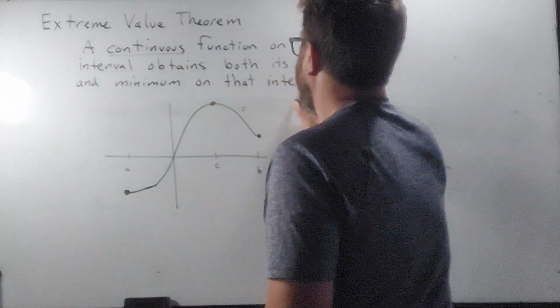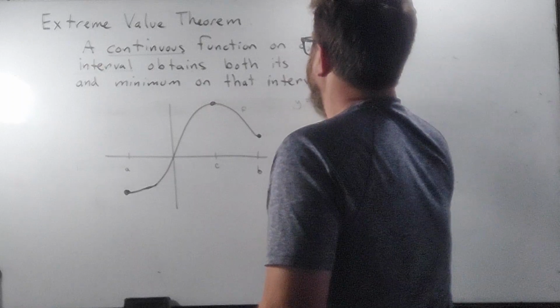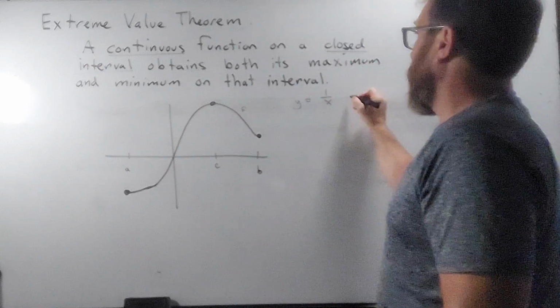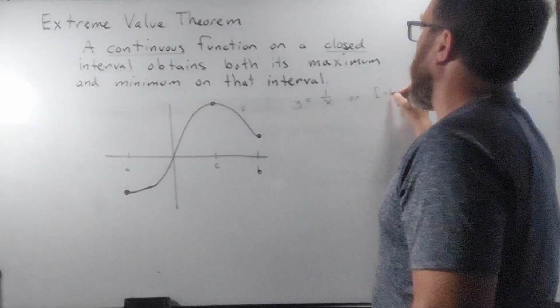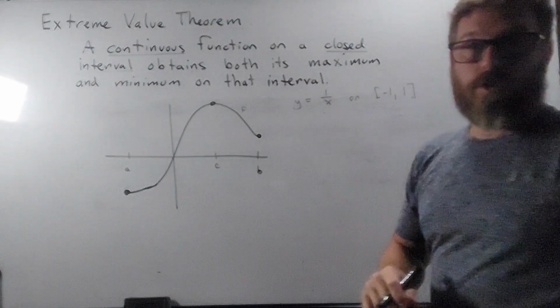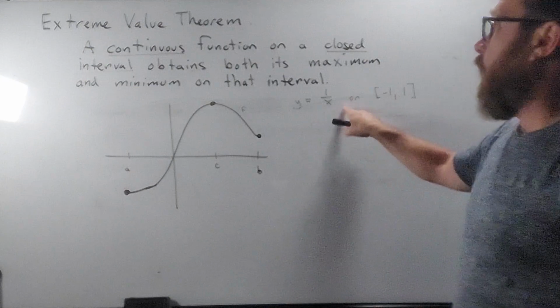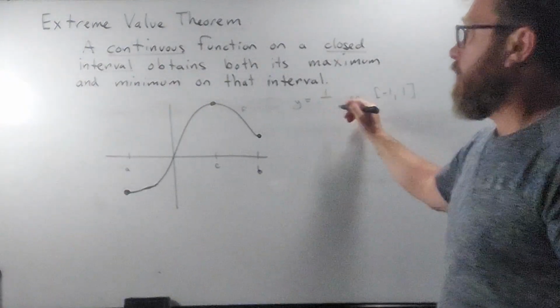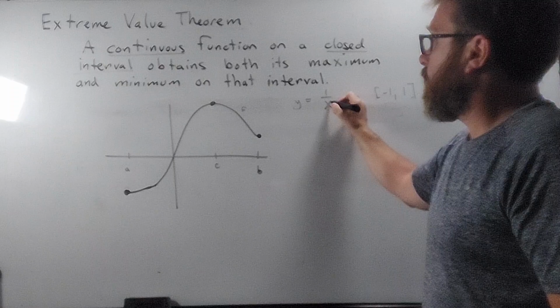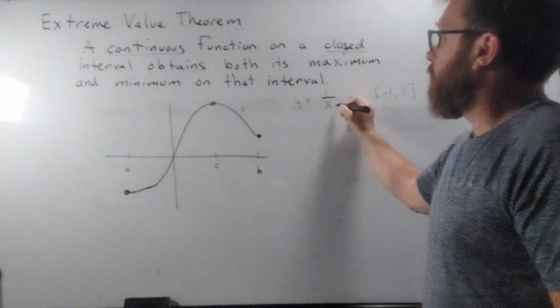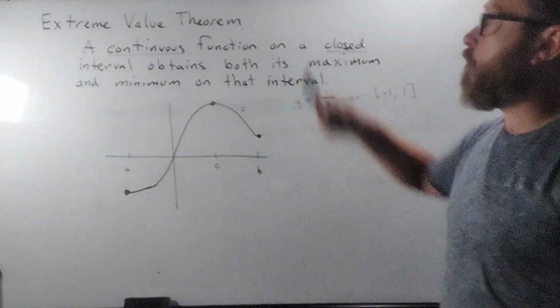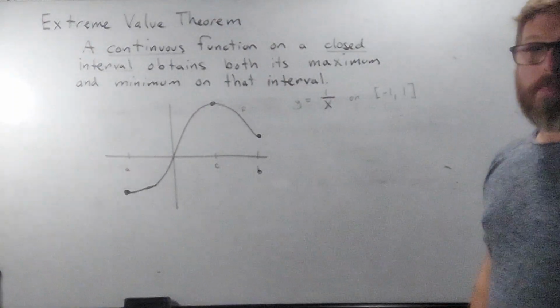Now, if I look at, say, y equals 1 over x, and we'll say on the interval, I don't know, from minus 1 to 1. It doesn't have to be a symmetric interval, but let's just say from minus 1 to 1. Why would this function not be considered for this extreme value theorem?